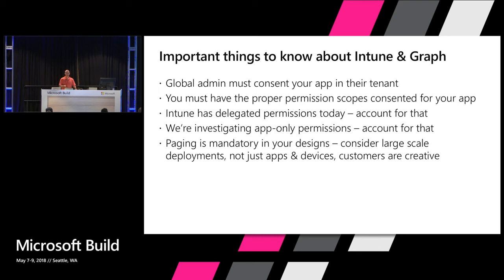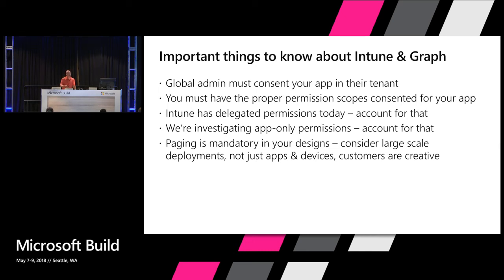Paging. We didn't talk about paging as I went through some samples, but several Intune customers have over 100,000 managed devices. Several of them have thousands of applications that they've either brought in from stores, or in certain cases, they've developed over 3,500 internal line of business applications, which is a lot, and they've put them all in Intune.